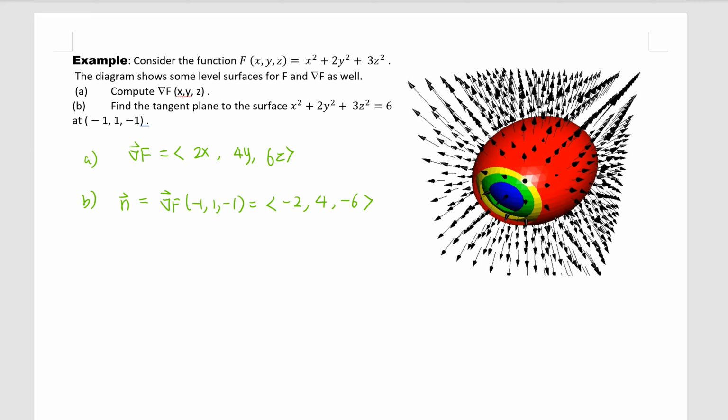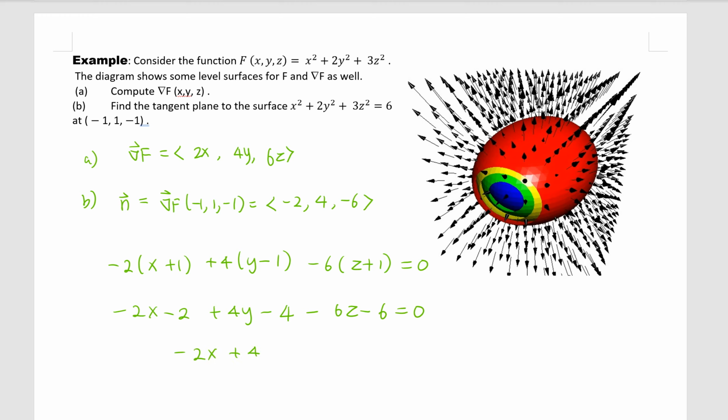So the plane equation is -2 times (x minus -1), which is x plus 1, plus 4 times (y minus 1), minus 6 times (z minus -1), which is z plus 1. That gives -2x minus 2 times 1, -2, 4y, 4 times 1, 4, and 6z minus 6.